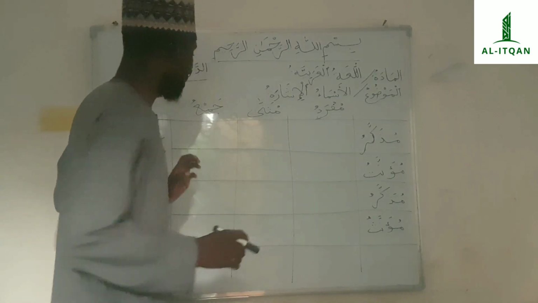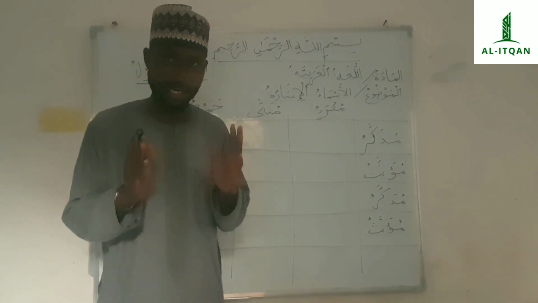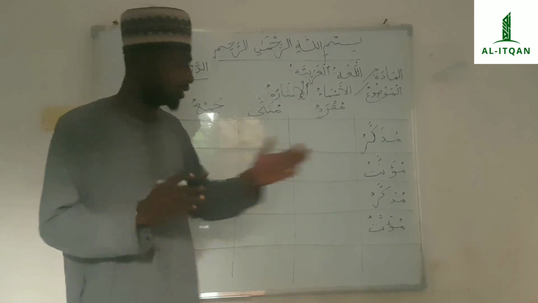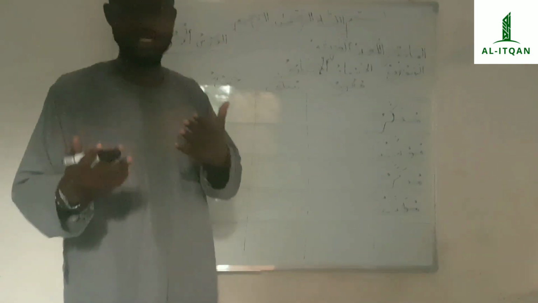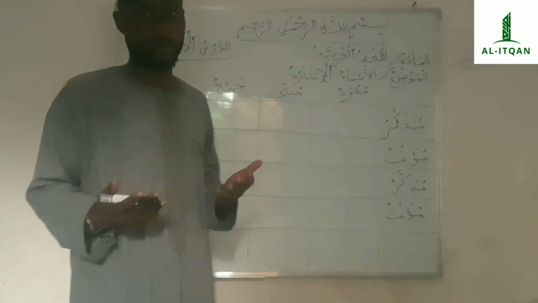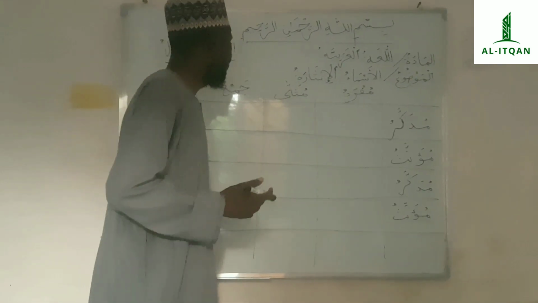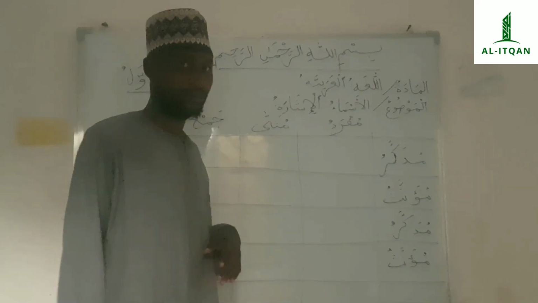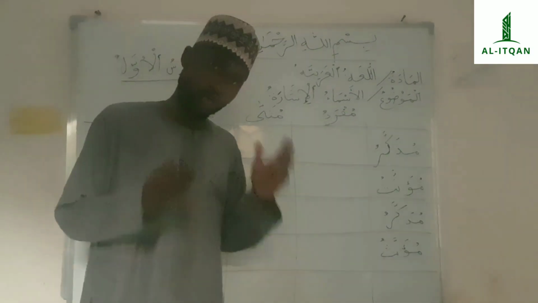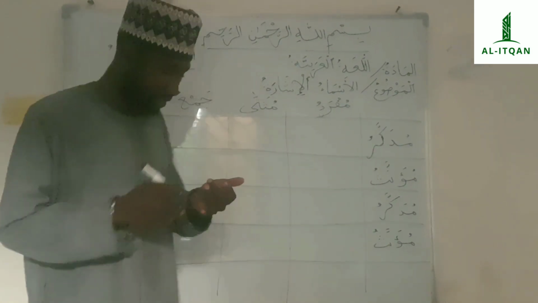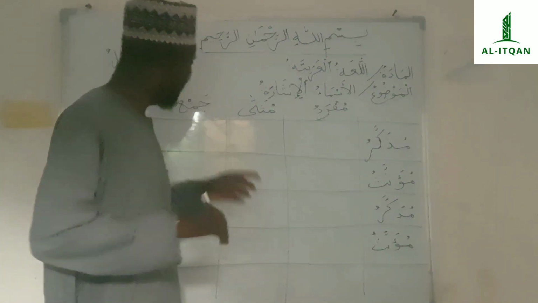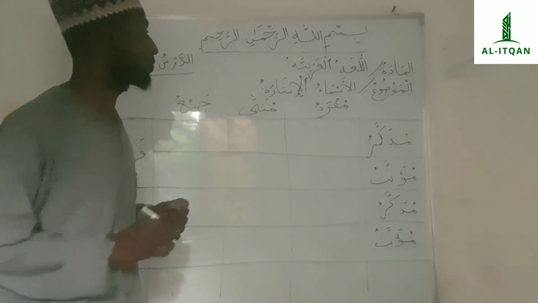In English, the same word is used for singular, dual and plural. But in Arabic, we have singular separate, dual separate, then plural separate.